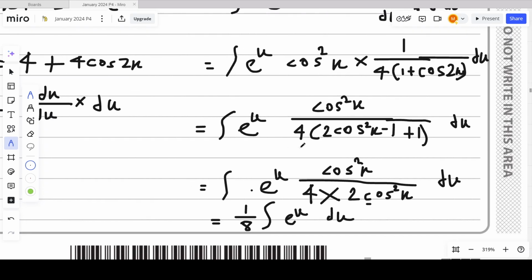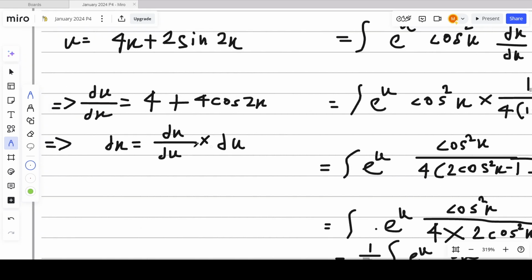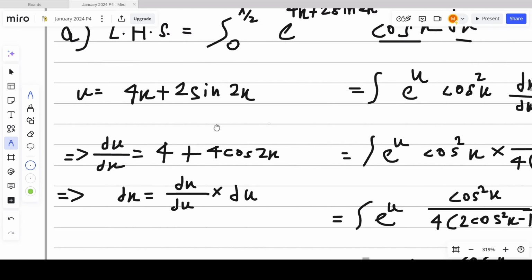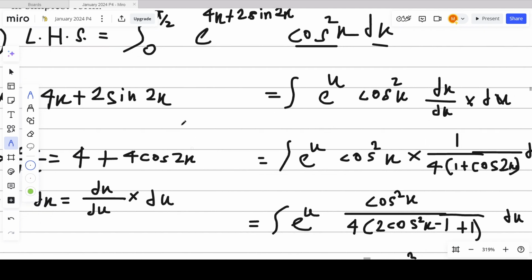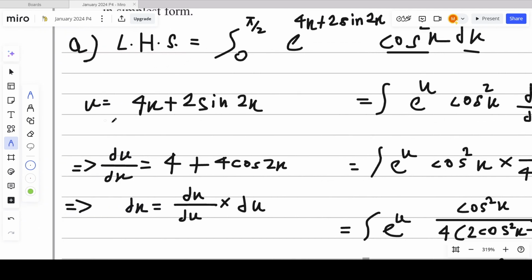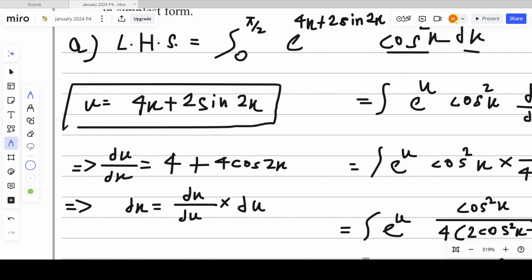Now, one good question is how did I understand that I don't need to make x the subject from there? Because definitely if you have done past papers, or gone through the questions from chapter 6 of your book, then you know sometimes we need to make x the subject from the substitution for u, right?